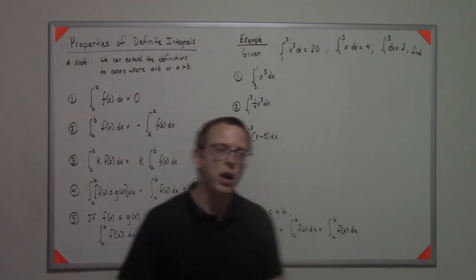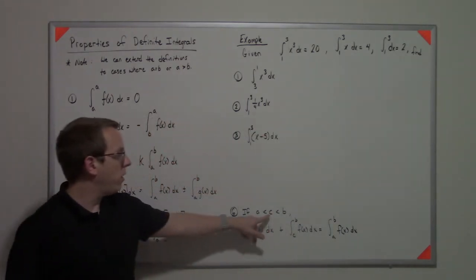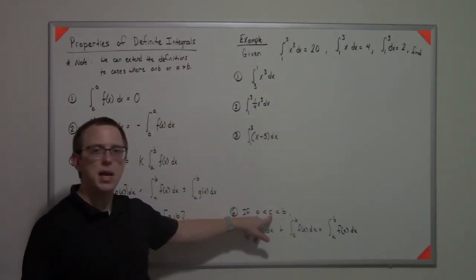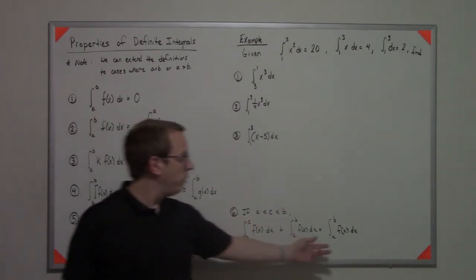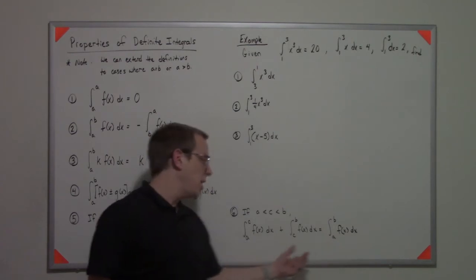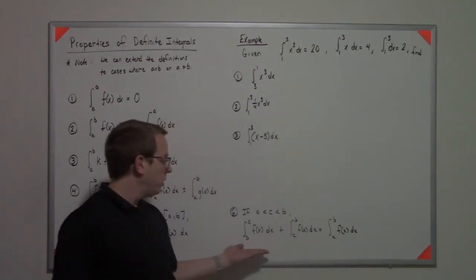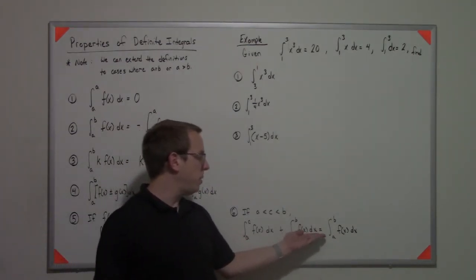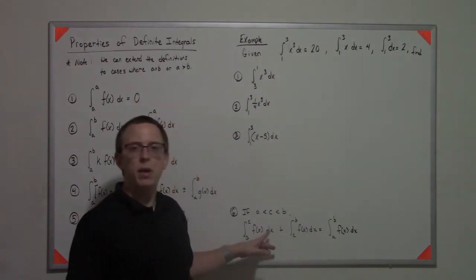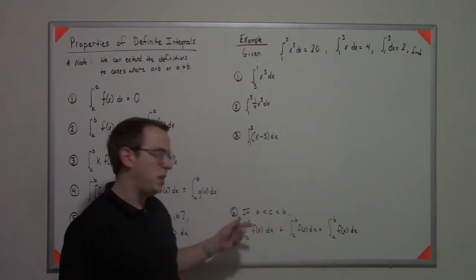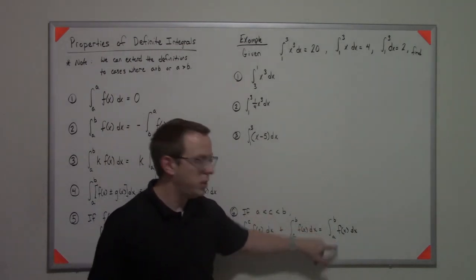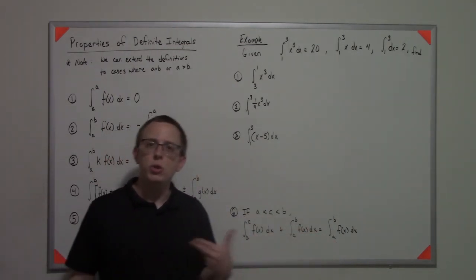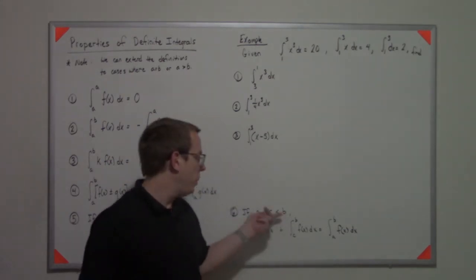And finally, if you have some number c between a and b, and the function is integrable on a to b, then you can split it up: from a to c and c to b. It may seem odd, but usually what happens is the reverse.